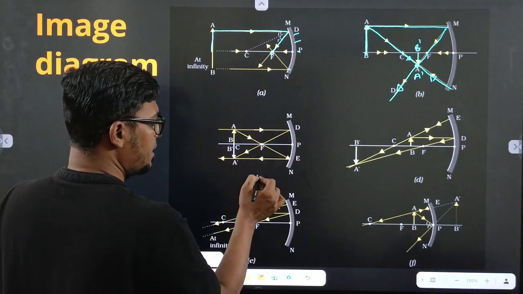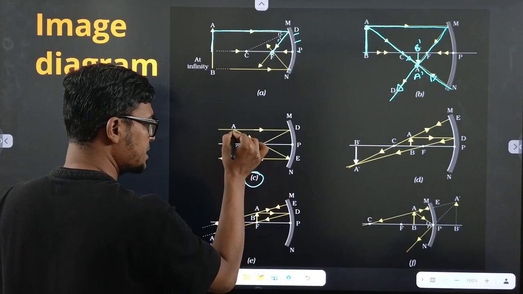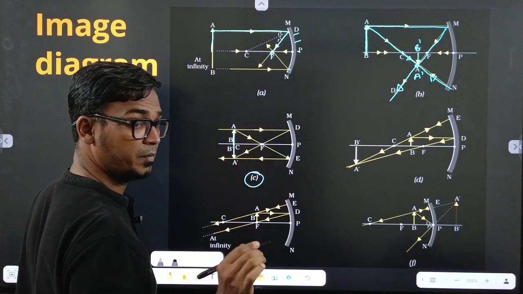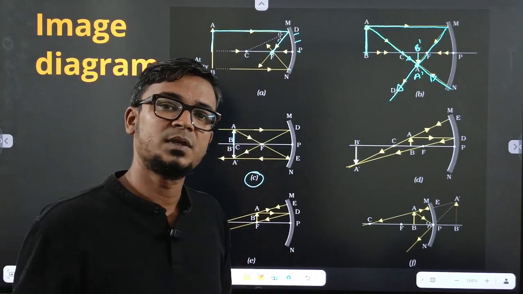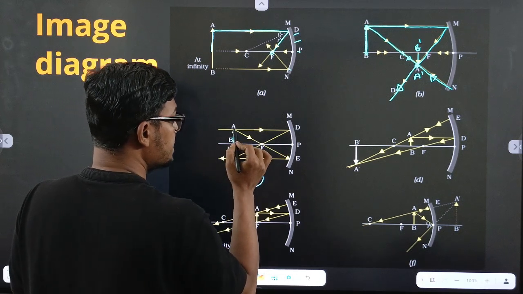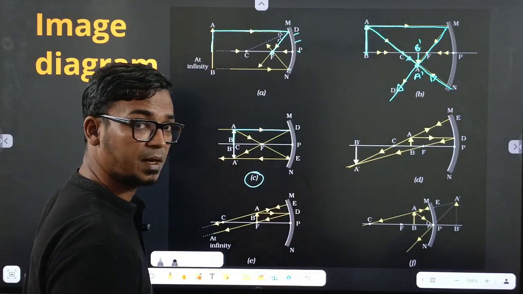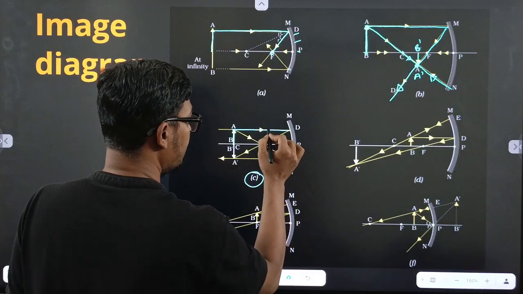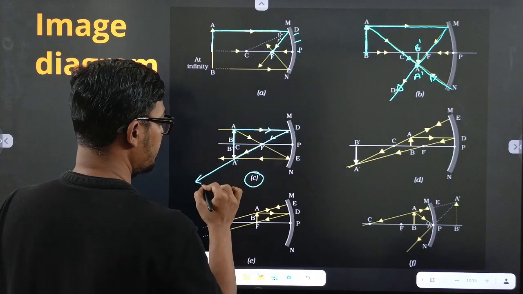For the third picture, we can see the object is placed at the center of the curvature. Then we can easily follow the 4 rules. So one rule is drawing a line parallel to the principal axis, then the reflecting ray will go through the focal point.